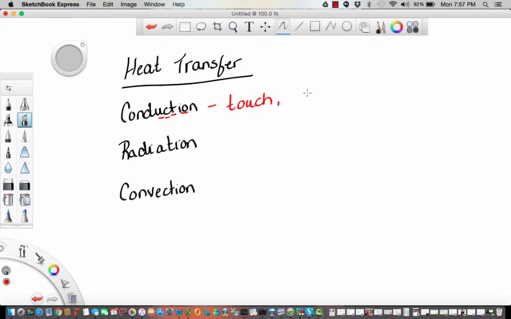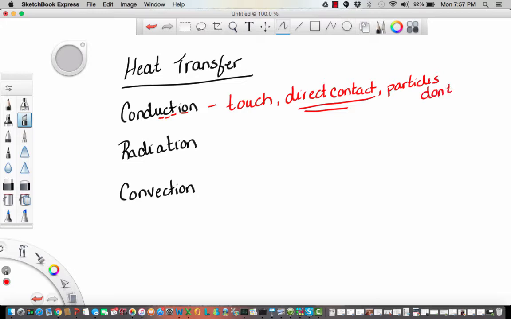So anything that has direct contact, and you're going to see these words used on your quiz, that's going to be conduction. So anything where objects are touching. And in conduction, the particles don't move.